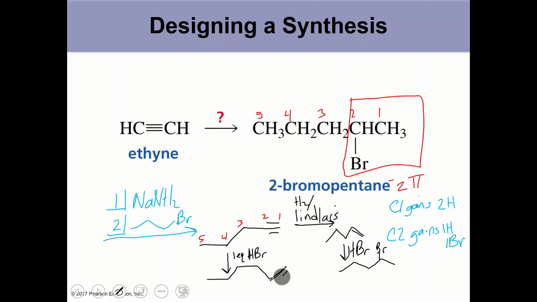So now I have the alkene with bromine added. And then I can treat that with H2 and Pd/C, palladium over carbon, to get the 2-bromopentane.